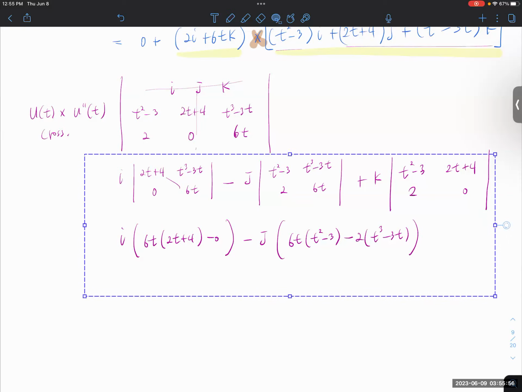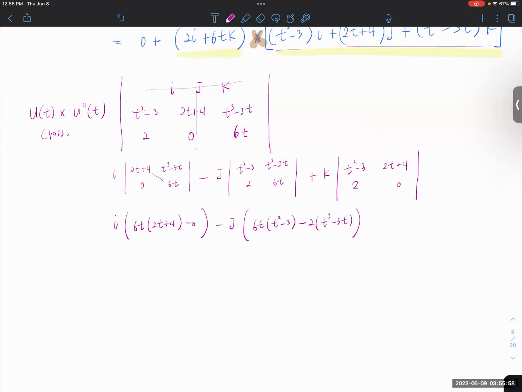And keep going, the last one, plus k, 0 minus 2 times 2t plus 4.